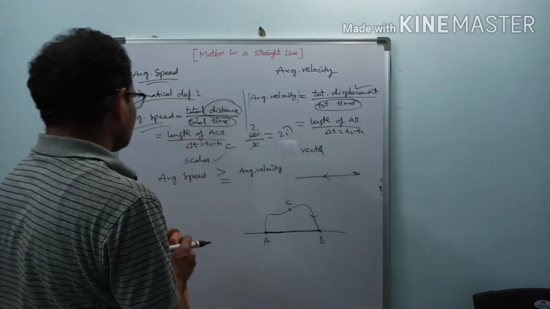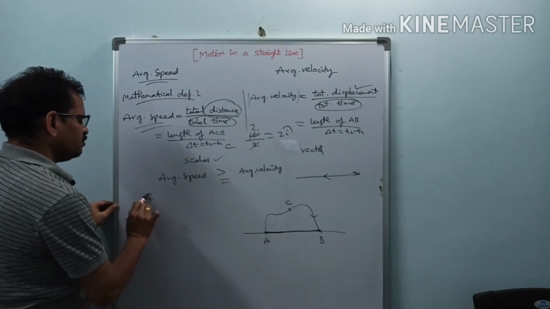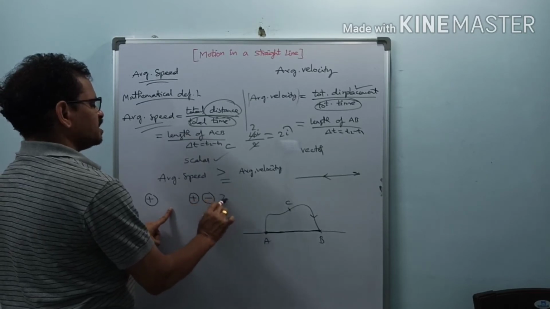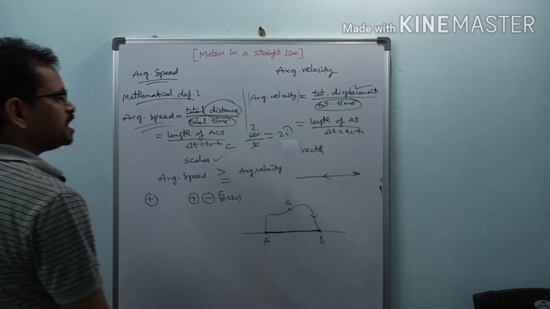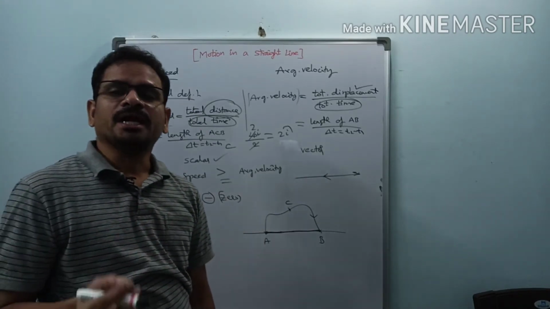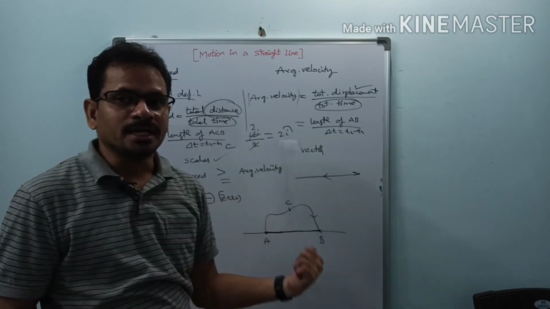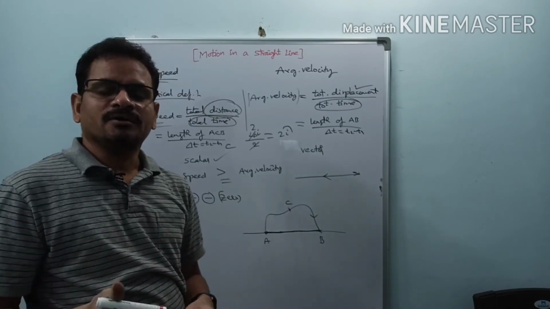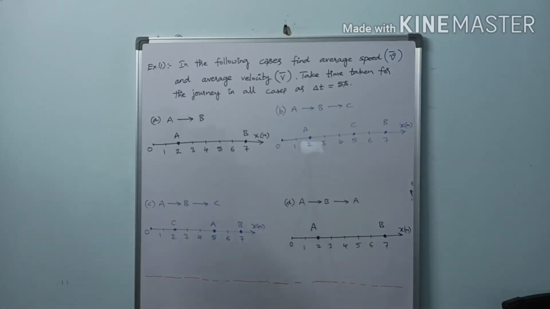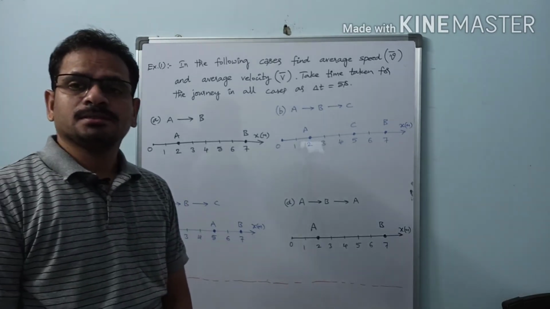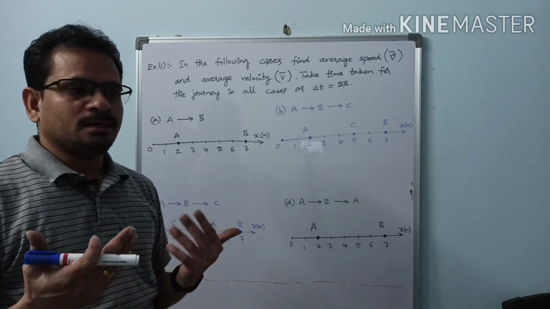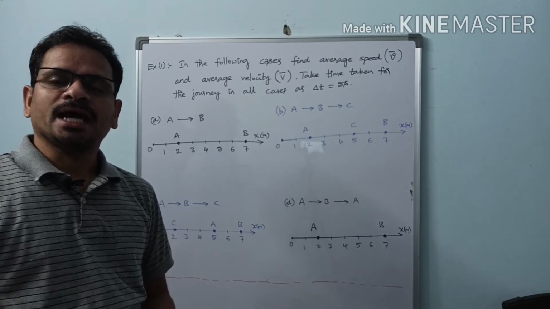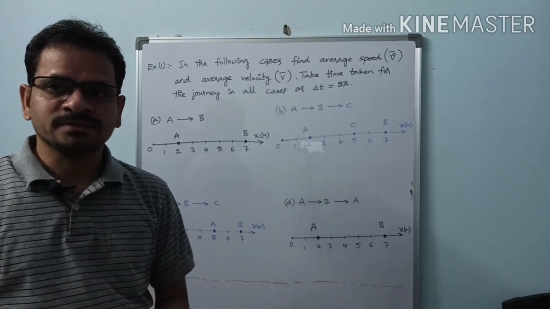Next one is average speed. It has only positive values, while average velocity has positive, negative as well as zero values.